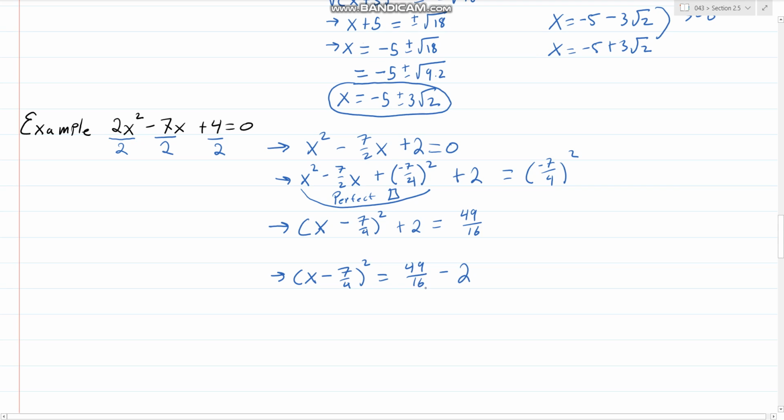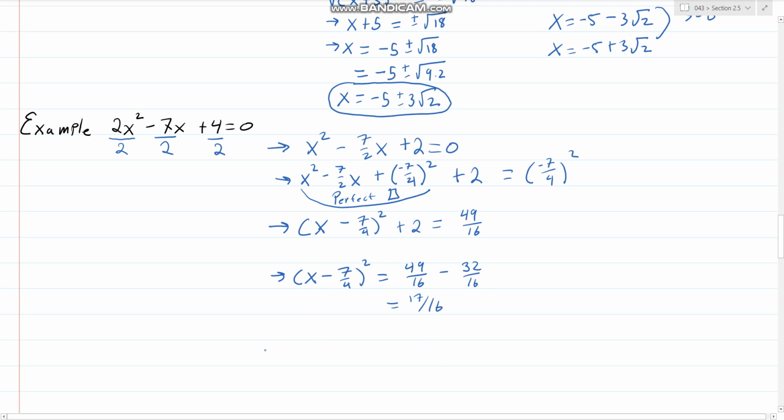I can make the 2 into 32/16, and that's the same thing as 2. So I got 49 minus 32, so that's going to be 17/16. Kind of an ugly number, but that's what I got.